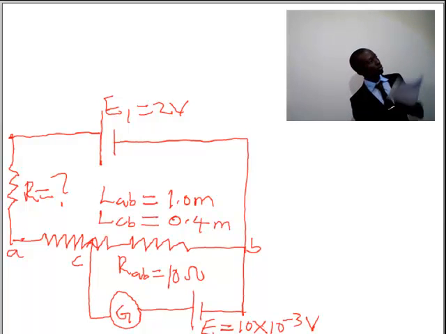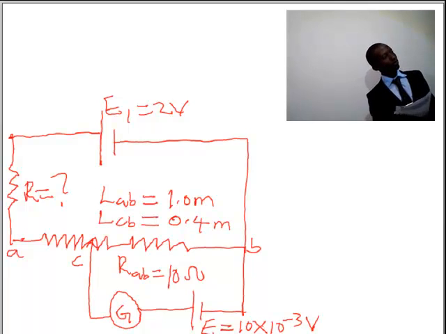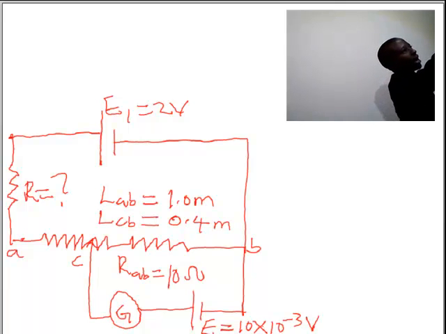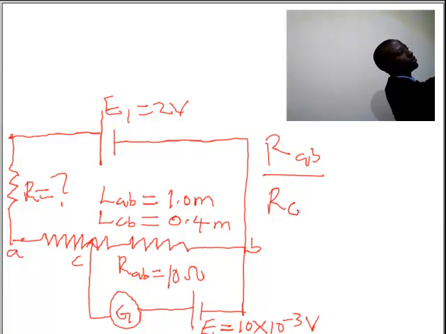So from the formula of a potentiometer, from this diagram, the ratio of the resistance RAB to the resistance at which the potentiometer is balanced is equal to the ratio of their lengths, that is RAB divided by RCB equals LAB divided by LCB.